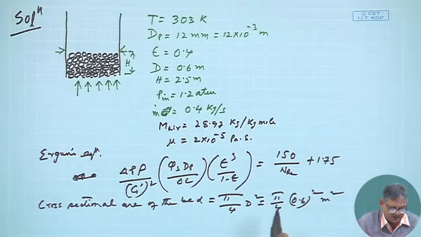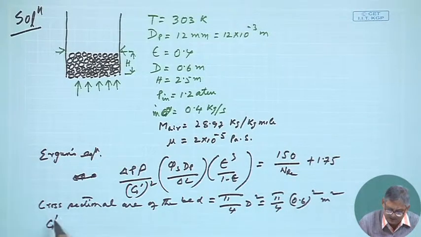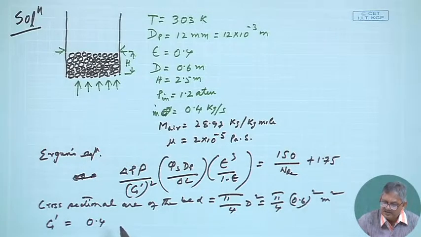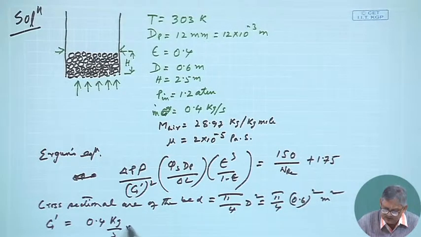Therefore, we can write that G prime, that is mass velocity, is 0.4 kg per second divided by the area, or CS, the cross sectional area.